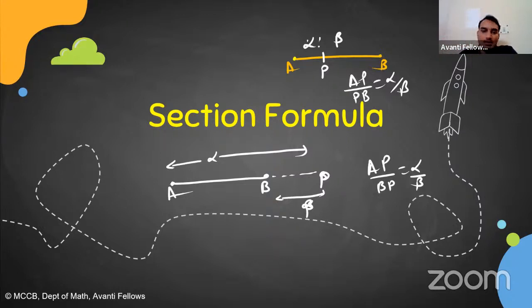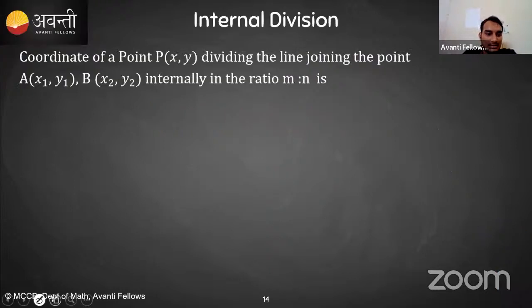As you can see, there can be two cases: P is between the line segment, and P is lying outside the line segment. Yes or no? On the basis of this, we have divided our section formula in two parts. The first part is internal division. What does internal division mean?